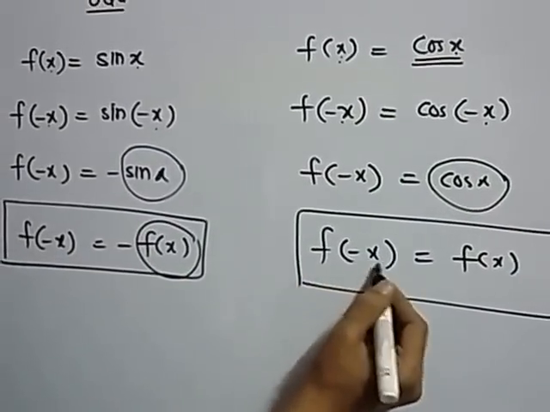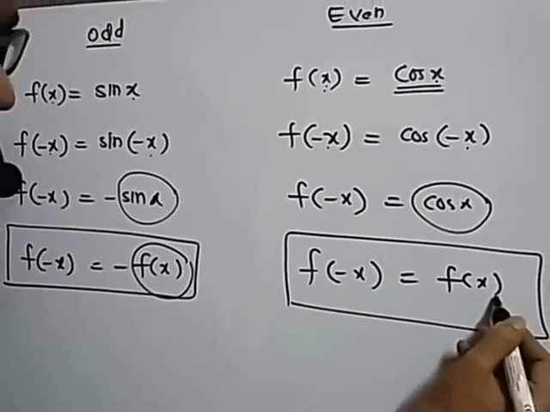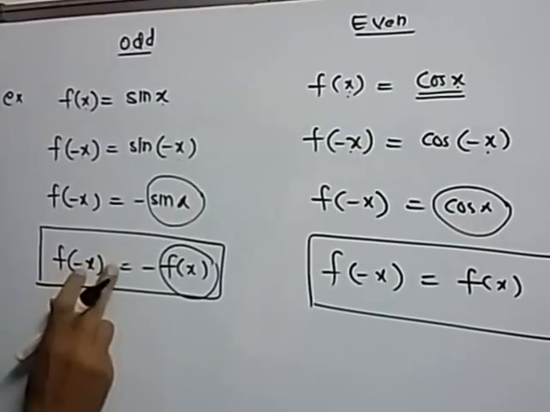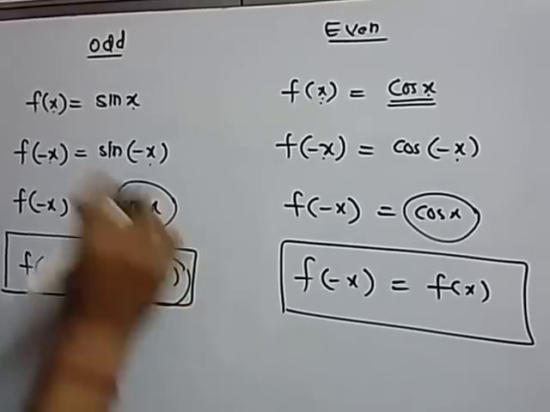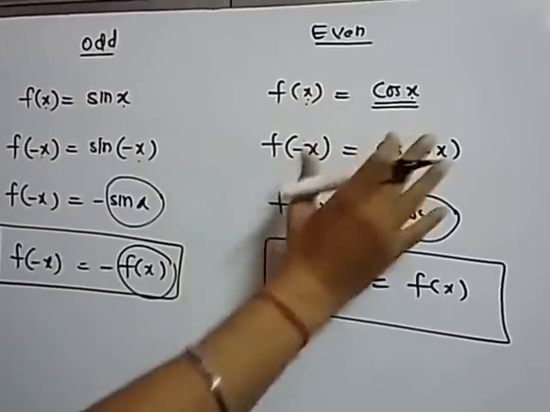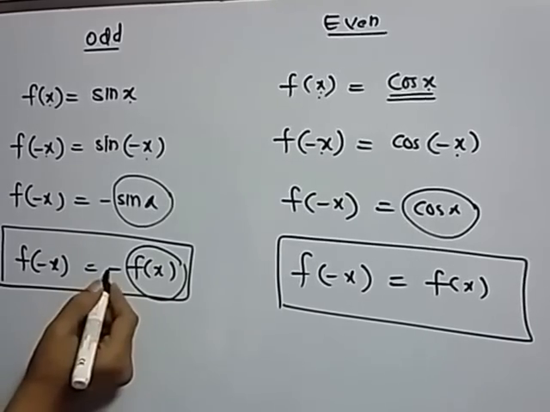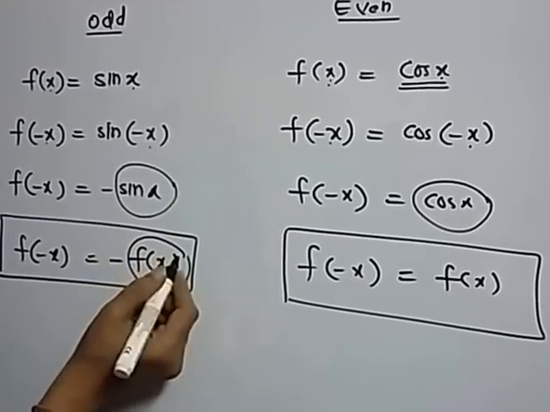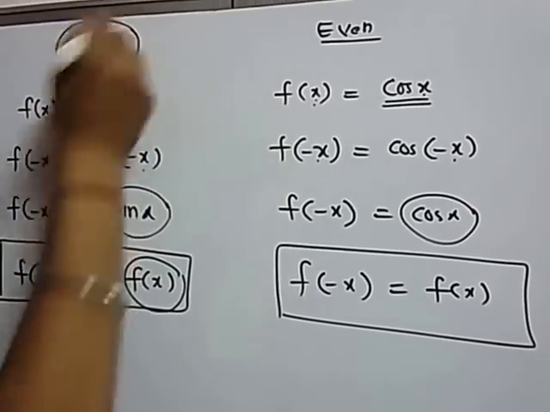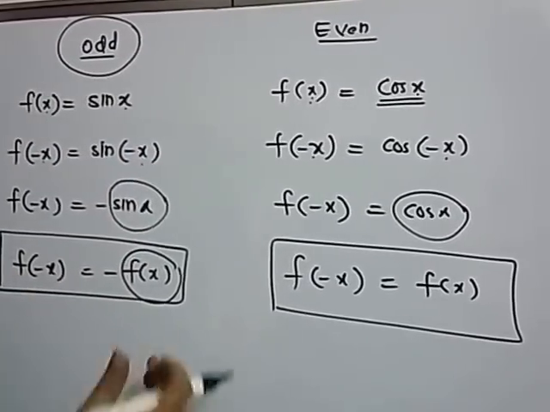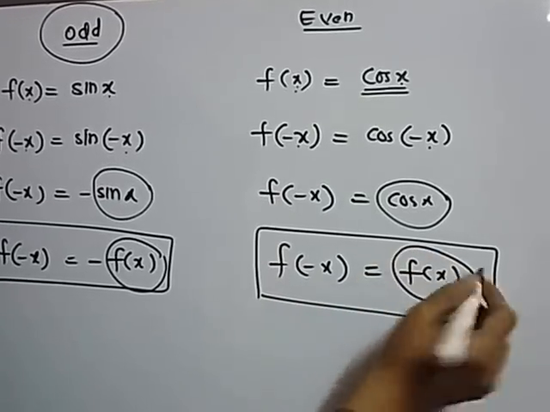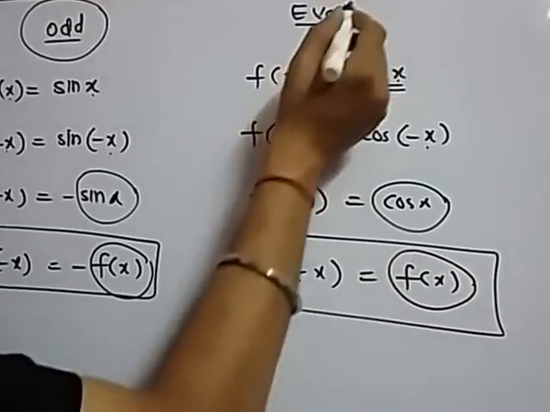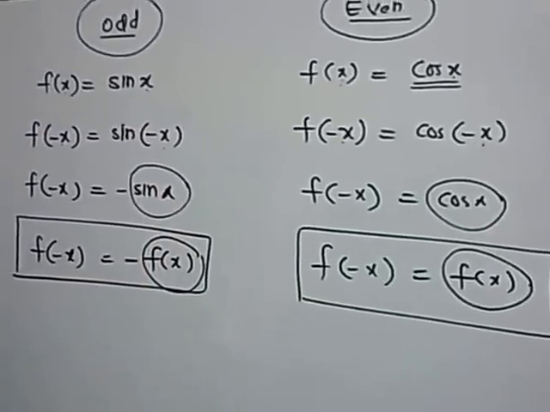So here f of minus x is the same as f of x, and there f of minus x is the same as negative of f of x. So when you replace x by minus x and you get negative of the original function, it is an odd function. And when you replace x by minus x and you get exactly the same function, it is an even function.